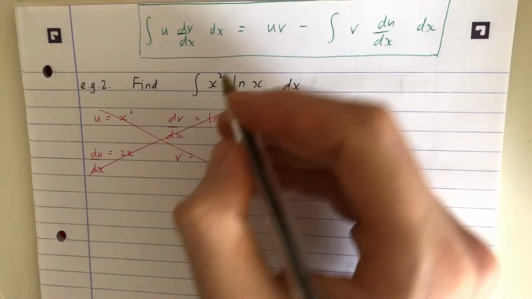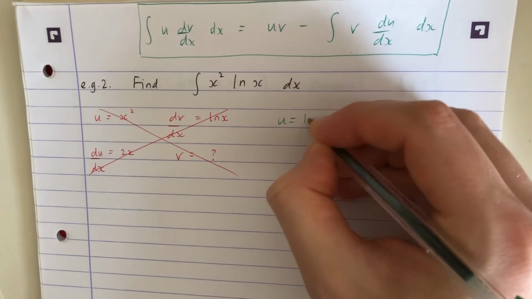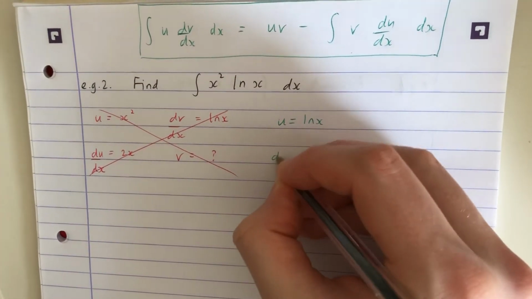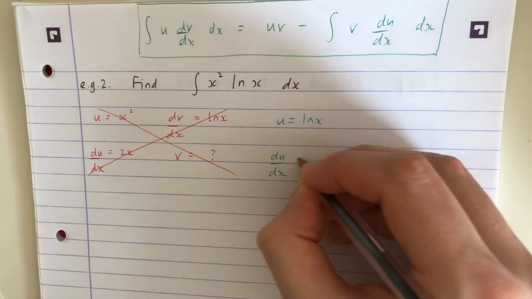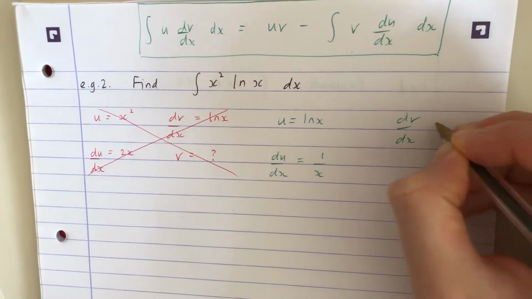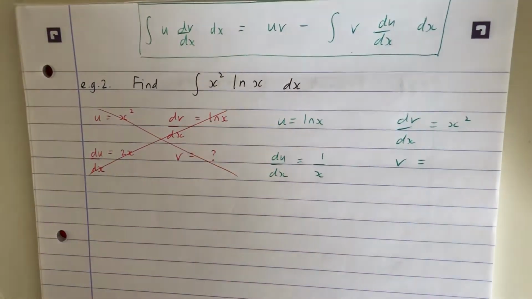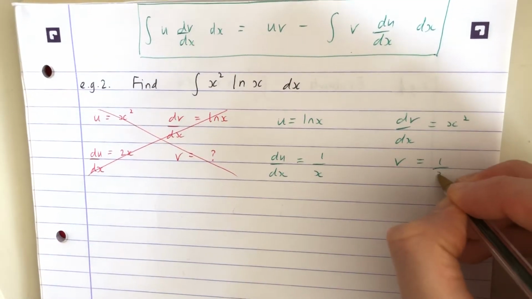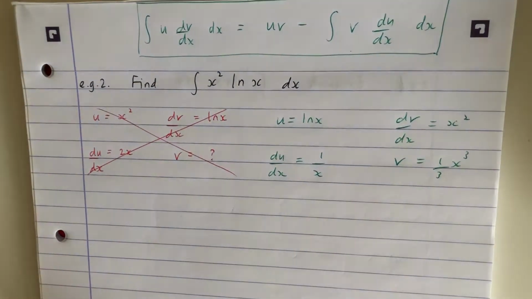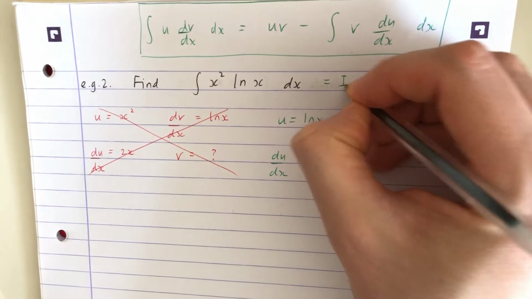So we go to swapping them around. u will be ln x, because we do know how to differentiate ln x, which is 1 over x, and dv by dx will be x squared, and we do know how to integrate x squared, a third x cubed. Let's see what happens when we use the formula on this. So I'll call that I again.